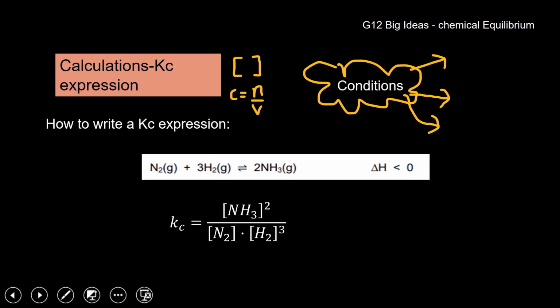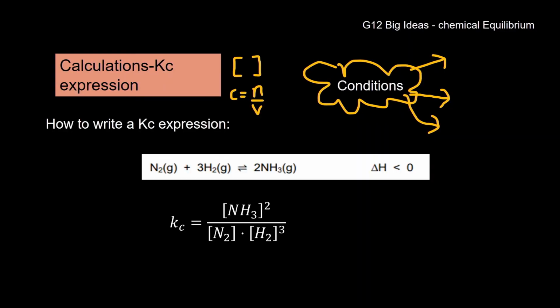How do we calculate Kc? This expression, how do we write it? How do we calculate it? This is our second idea. Now, the equilibrium constant, there are a couple of conditions that we have to remember about it. It only applies for something which is in the gas form and something which is in the aqueous form.